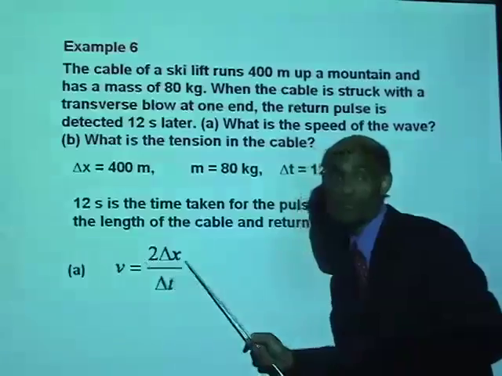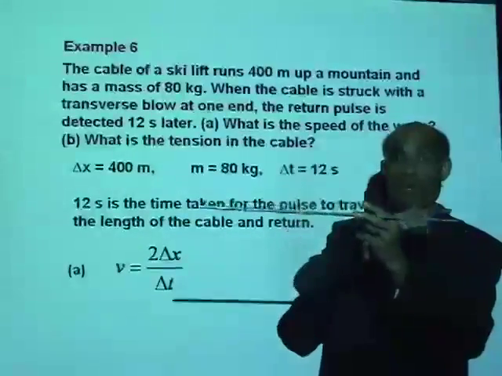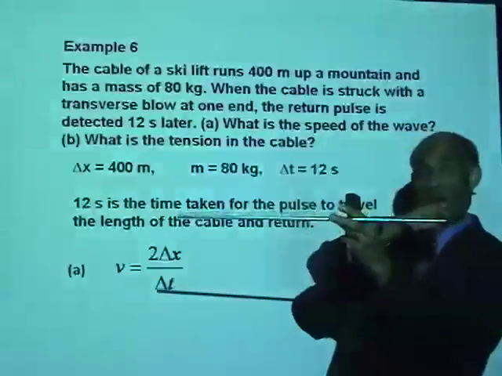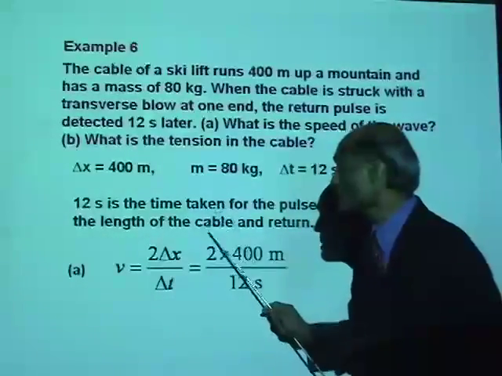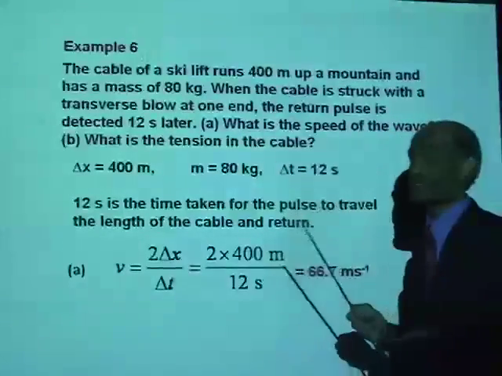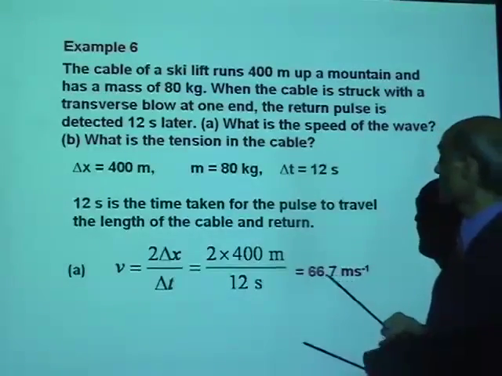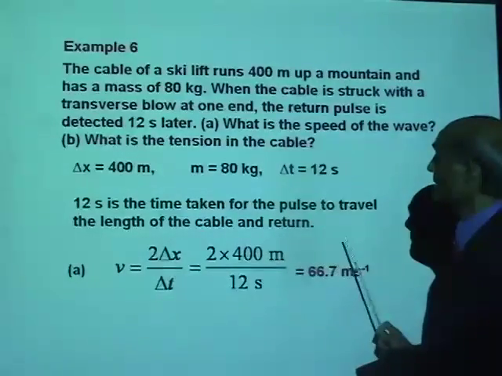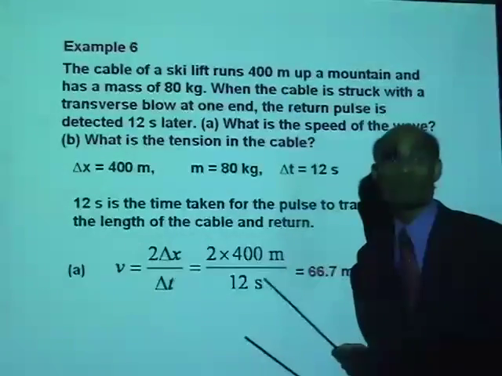I hope you understand why twice the length of the wire. It has to travel one way and back, divided by delta t. That will be 2 times 400 meters divided by 12 seconds. That is 66.7 meters per second. That is the speed of the wave.